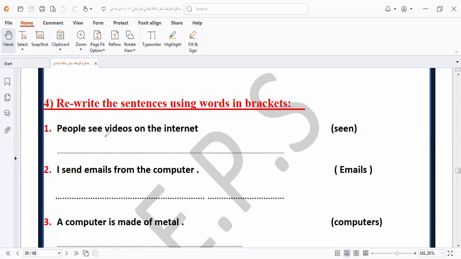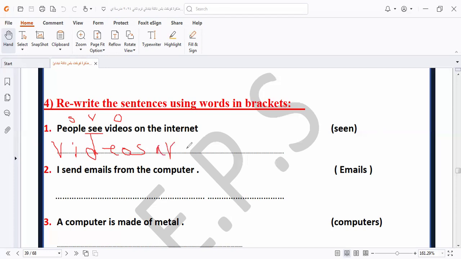Here is: people see videos on the internet. So this is the subject, this is the verb, and this is the object that I will start with. So the answer will be videos. The tense here is present, so it will be are.